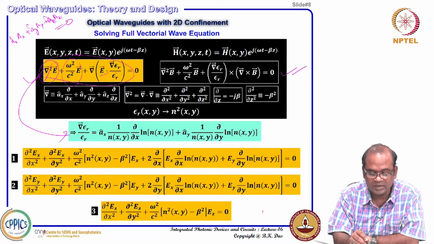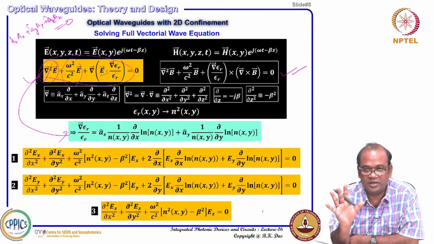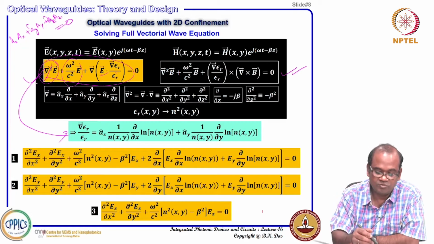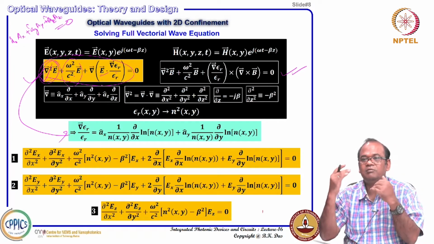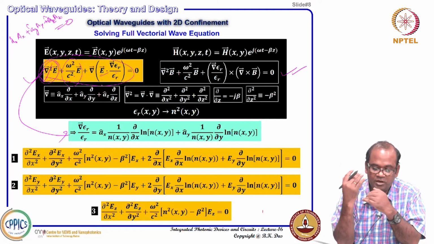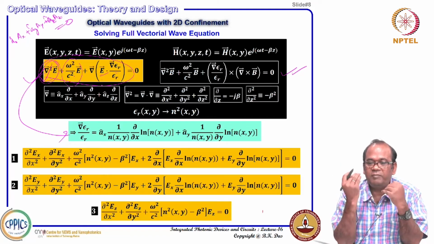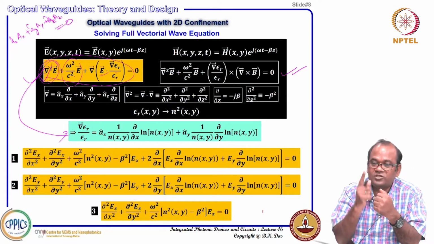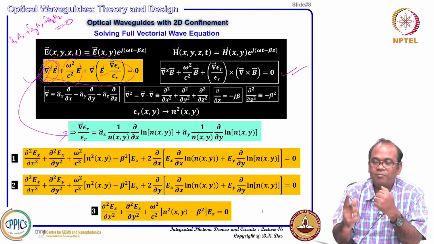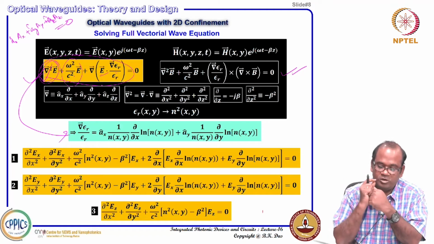When a vector is equal to 0, what does it mean? The left hand side together is a vector, and that vector is ultimately 0. You consider this vector and add this vector and this vector, you get a closed loop, for example, so the total resultant value is 0. When a vector is 0, each individual component must be 0: the x component will be 0, the y component will be 0, and the z component will also be 0.